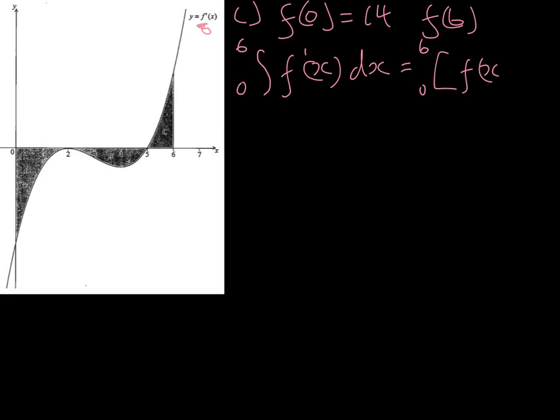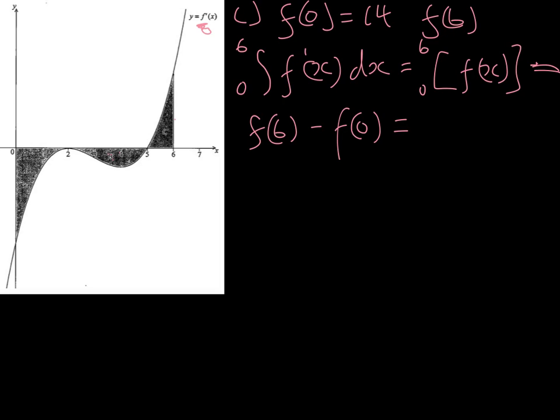We would express this as f of 6 minus f of 0, and that would give us the area underneath the graph. Now it would give us the area under the positive sections. So remember, these are actually negative.